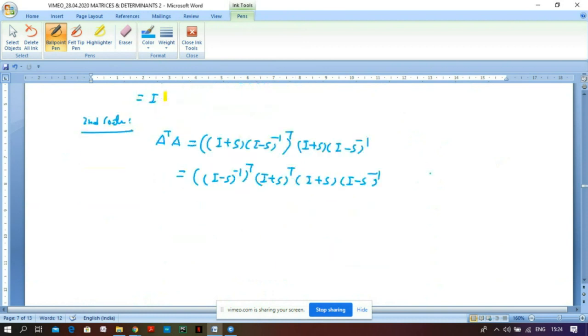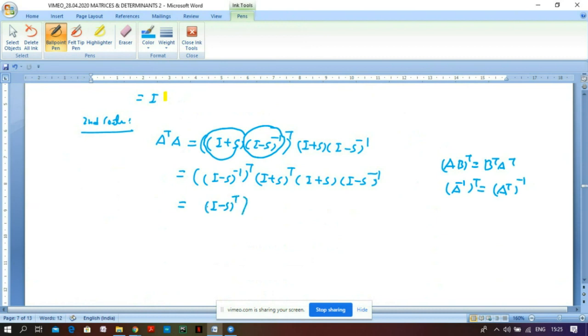Notice how we are changing the track. We are saying AB transpose is B transpose A transpose. I applied this to I plus S and I minus S inverse. And then I'm applying again, as in the previous example, A inverse transpose is A transpose inverse, so the transpose of the inverse is the inverse of the transpose. That gives me here I minus S transpose inverse, I transpose plus S transpose, I plus S, I minus S inverse.